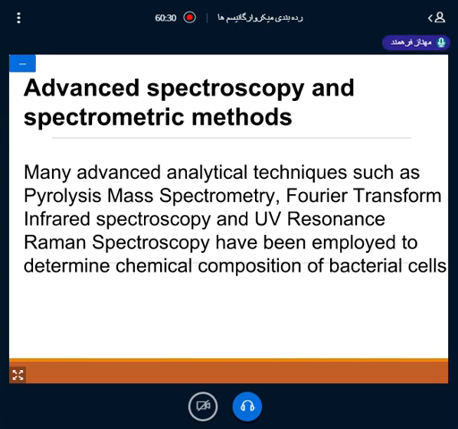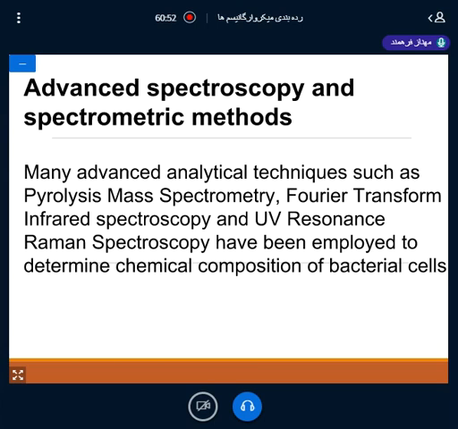These are very good methods, and we name them advanced spectrometry.